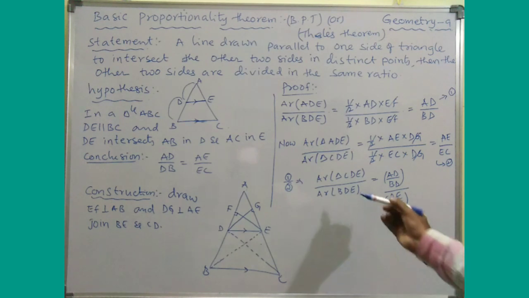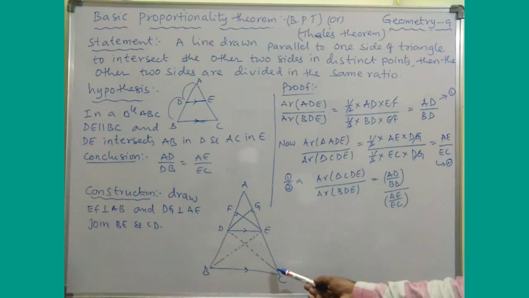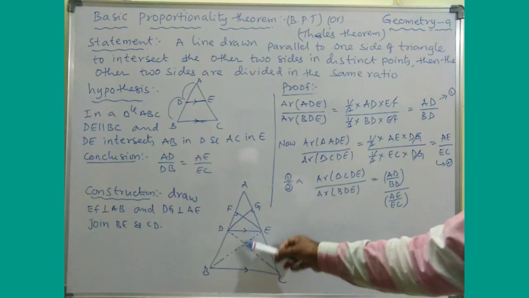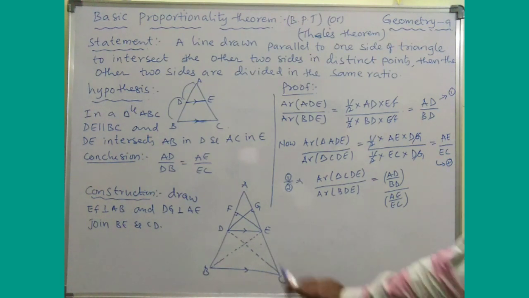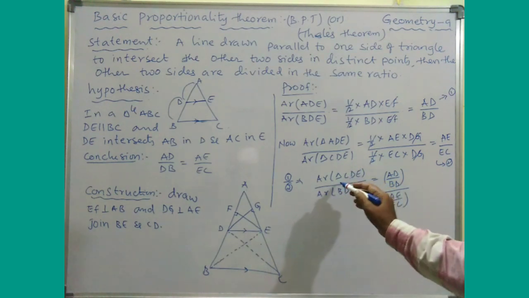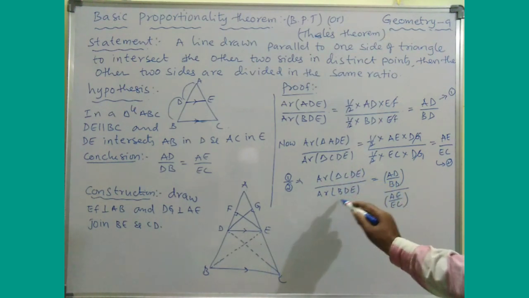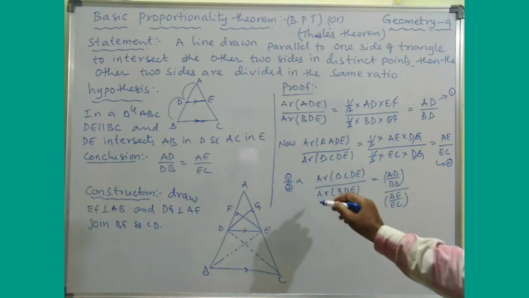But you know my dear, CDE and triangle BDE are on the same base and lie between the two parallel lines, hence their area will be equal. So area of CDE is equals to area of BDE. When they are equal, both get cancelled and equal 1.